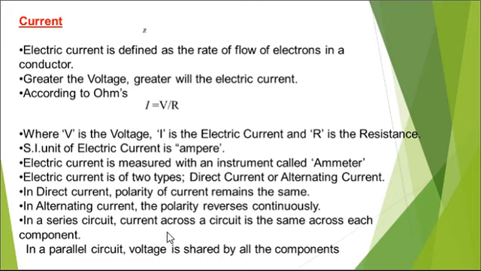That means I1 is equal to I2 is equal to I3 is equal to I. Whereas in a parallel circuit, current is shared by all components. So this is current, not voltage. This is a parallel circuit.